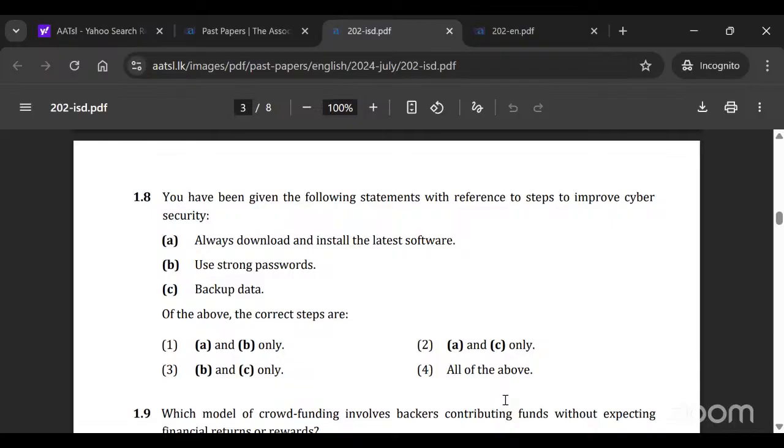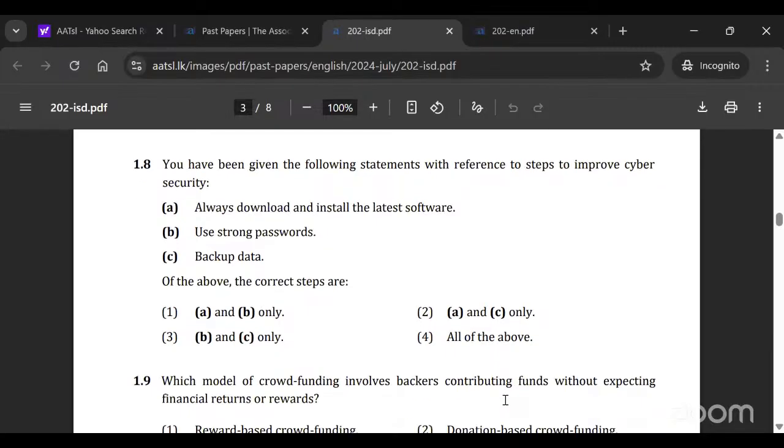The backed up data we can use to recover original data in case of disaster, right? After a cyber attack, we can use backup data as a recovery tool. All these 3 methods we can use in order to protect from cyber attacks. In the context of cyber security, the answer is all of them.